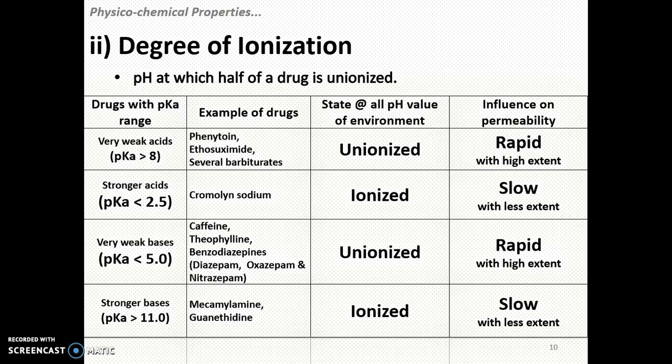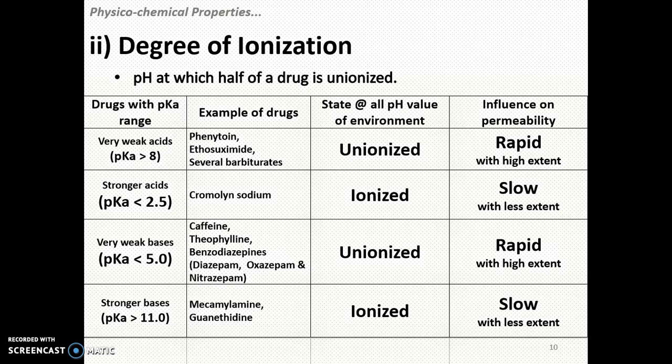Thus, the permeation of this category of drug is quite rapid, to the highest extent. In comparison, the category of stronger acids will remain ionized at all pH of the body, and show permeation to a very low extent.